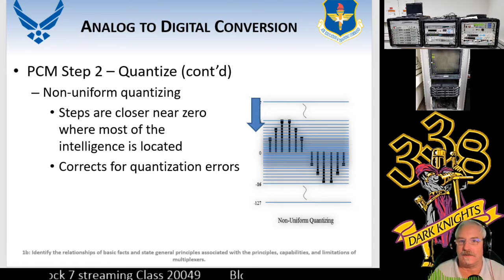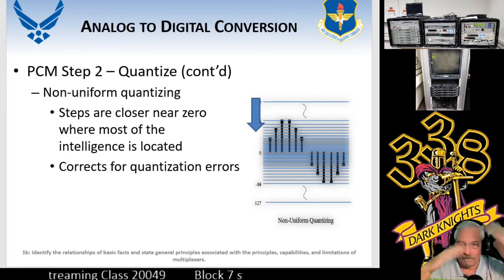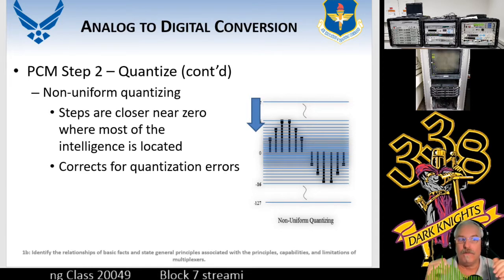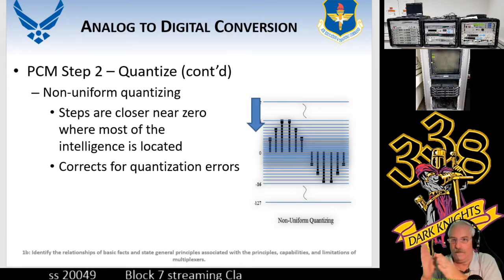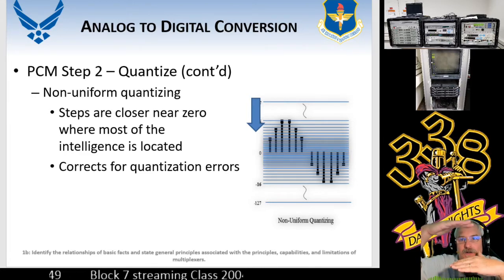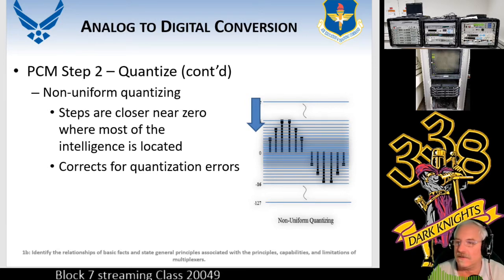The difference is that on the uniform table, horizontal and vertical, all of them are matched. But in this case, we still kept the vertical portions in sequence, but the horizontal lines we squash together where our normal voice is, because our normal voice is between 300 and 3K.